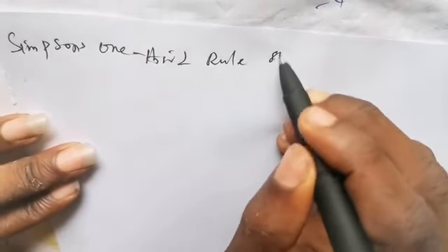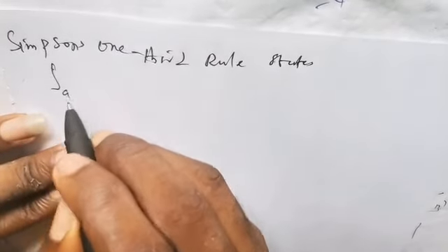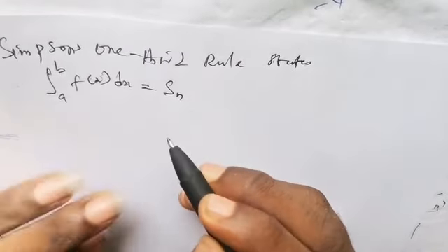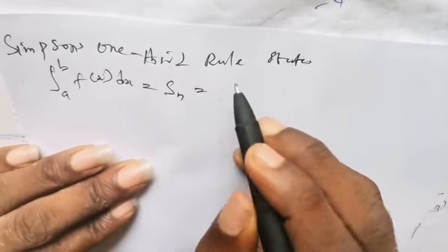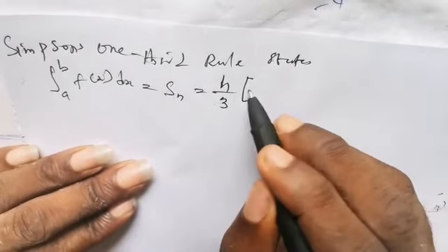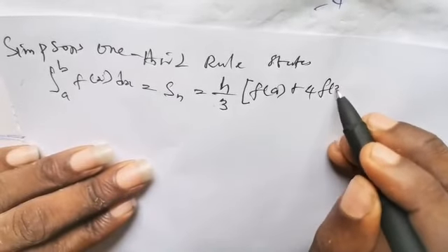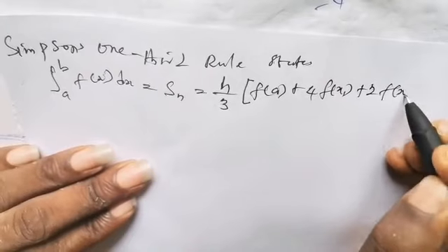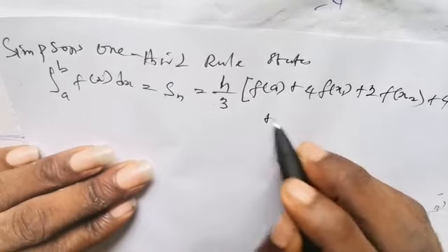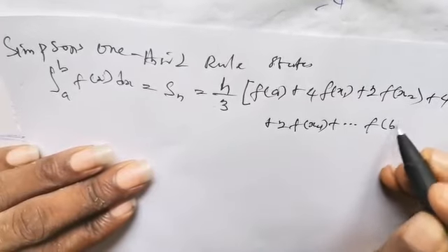Simpson's 1/3 rule simply states that the integral of a function f of x from a to b is approximately Sn, where Sn is equal to the width all over 3, times f of a plus 4 f of x1 plus 2 f of x2 plus 4 f of x3 plus 2 f of x4 and so on down to f of b.